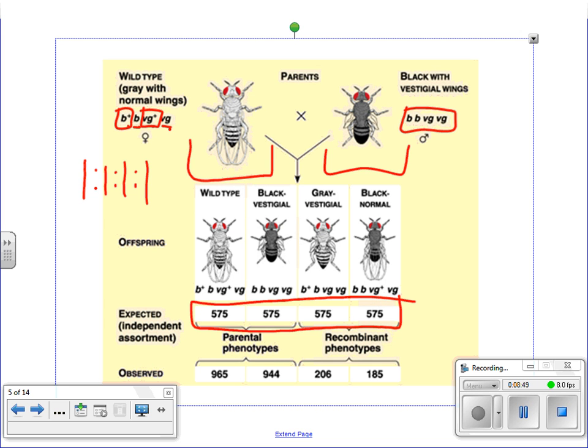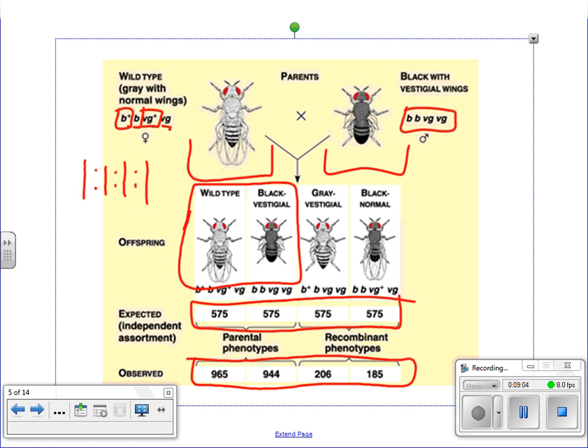The expected is not actually what they observed. What they actually observed, out of all of the offspring, were these ratios instead. There were a lot more individuals resembling the parental genotype, which are these two, black vestigial and wild type, because those resemble the parents.